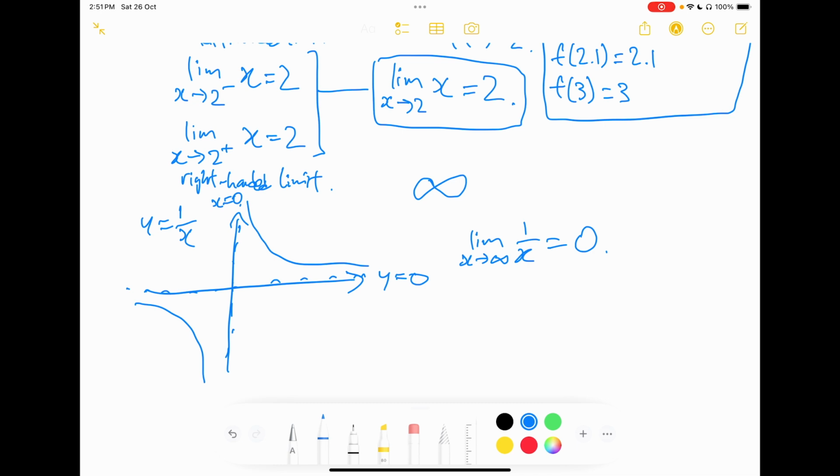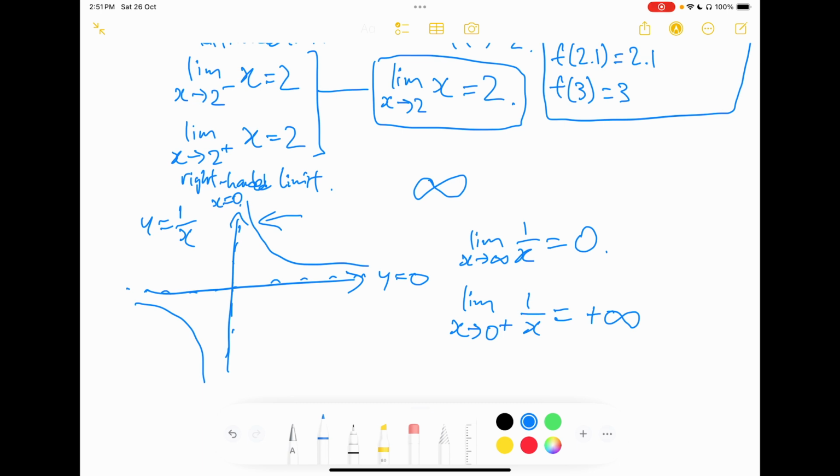Likewise, we can do the same thing with the vertical asymptote, except this time it's a bit different. If we were to take, for example, the right-handed limit as x approaches 0 of 1 over x, we get positive infinity.